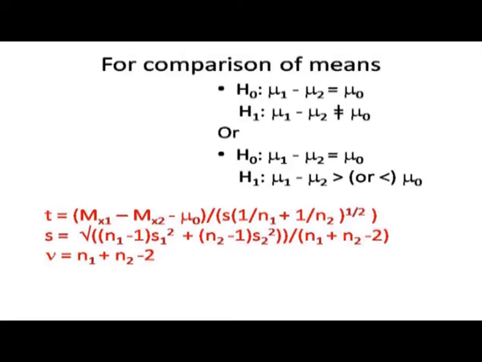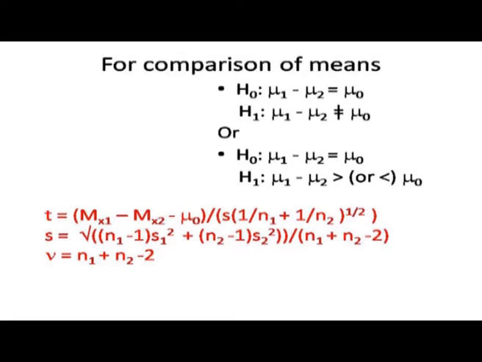The alternative hypothesis again may be that mu 1 minus mu 2 is not equal to mu 0. It may be less than 0 or it may be more than 0. It is not exactly 0. Or the alternative hypothesis may be that you have some idea beforehand that the mean of the first group cannot be less than the mean of the second group.